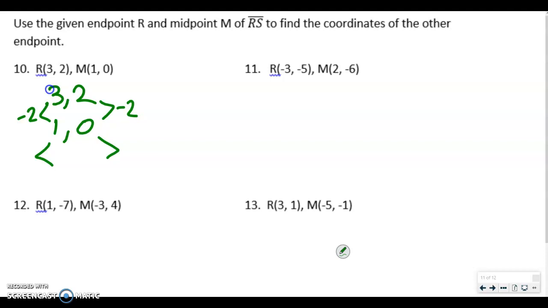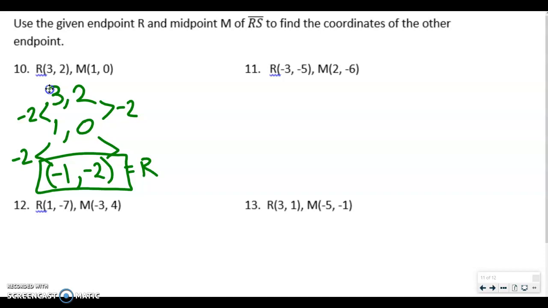So from 1, I need to subtract 2, and that gives me -1. And then from 0, I need to subtract 2, and that gives me -2. So -1, -2 is S, or point S.